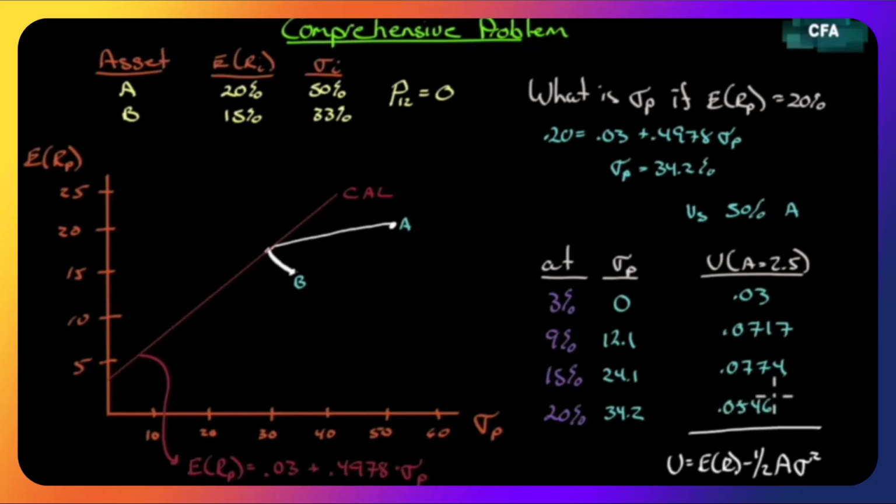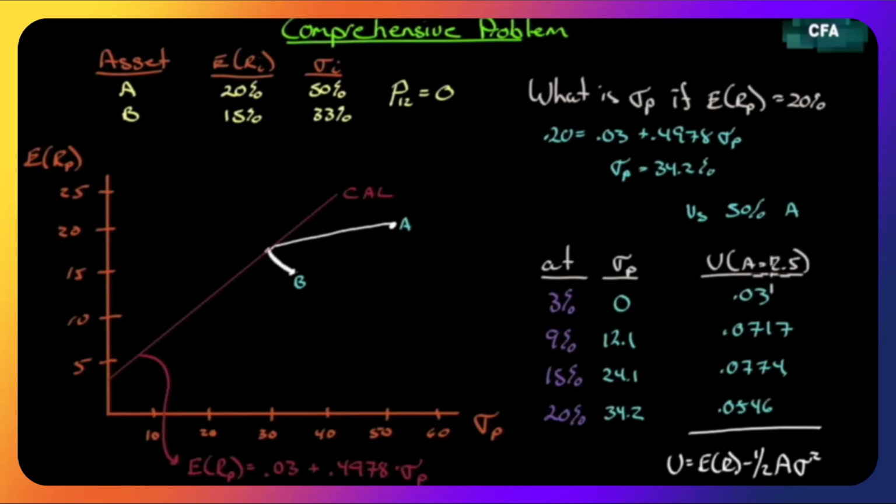So we've identified the optimal risky portfolio. We've drawn a linear combination of the risk-free asset and the risky portfolio. We've looked at an individual, determined it's like I'm investing for my dog.